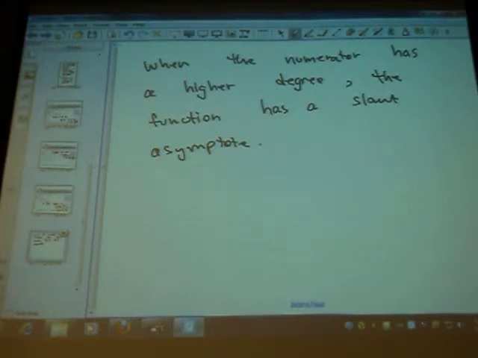You can't have a slant and a horizontal, so it only happens in the case where you don't have a horizontal asymptote.